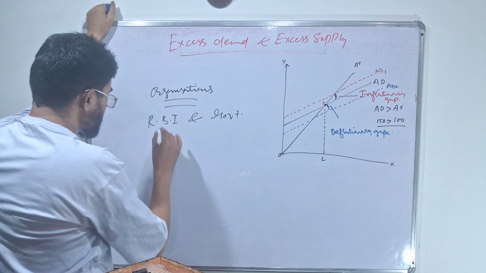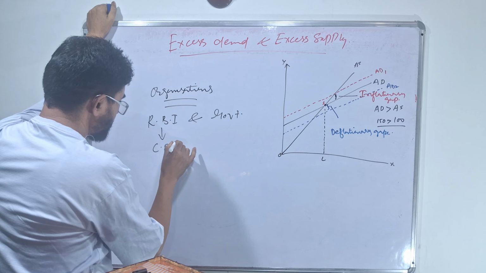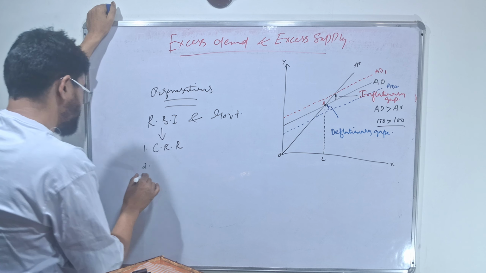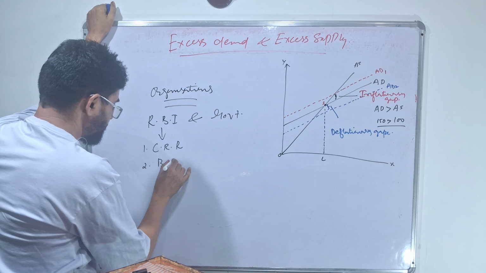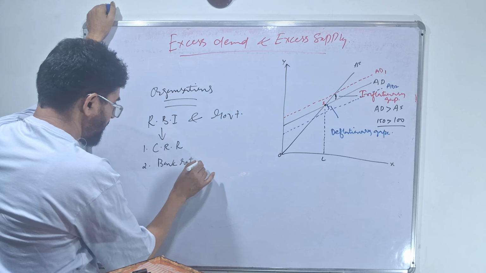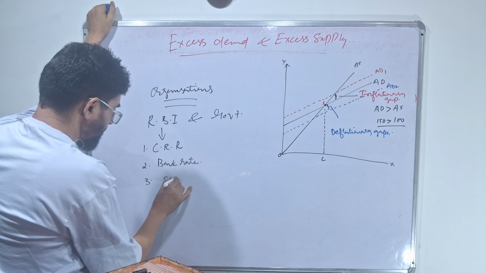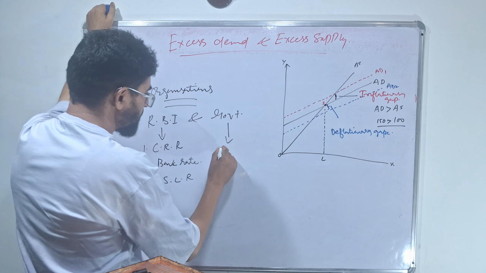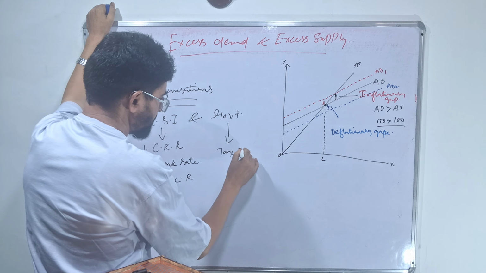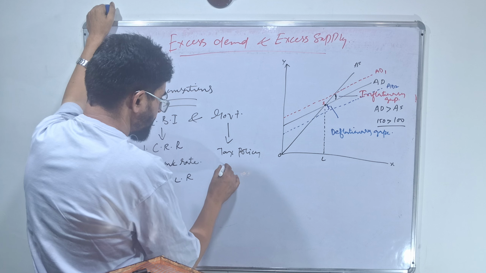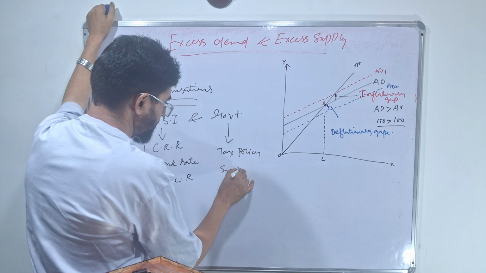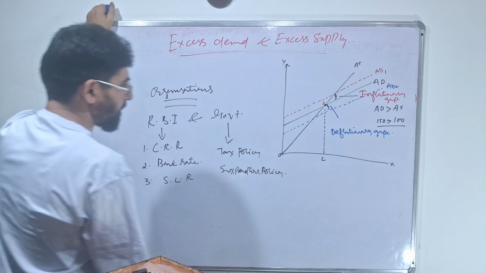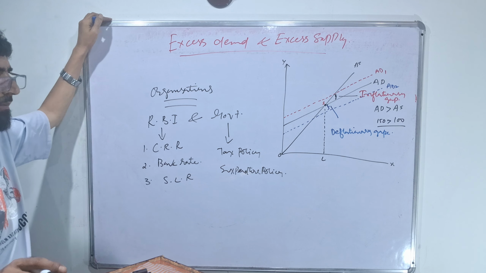Generally, RBI uses CRR, cash reserve ratio, bank rate, and SLR, statutory liquidity ratio. Government uses tax policy and expenditure policy to correct the inflationary or deflationary gap in an economy.